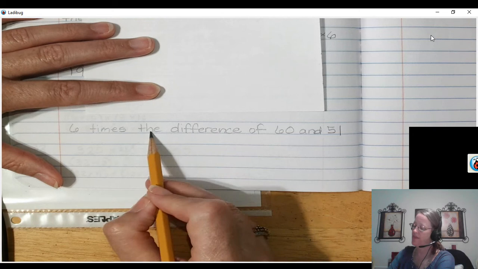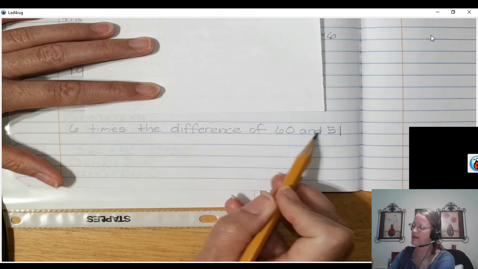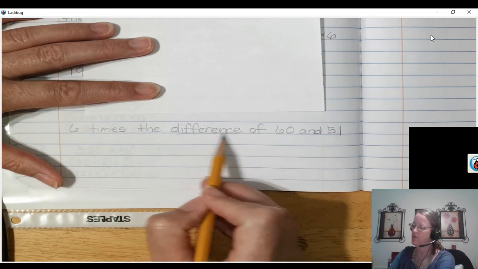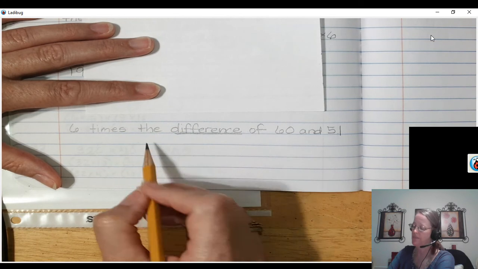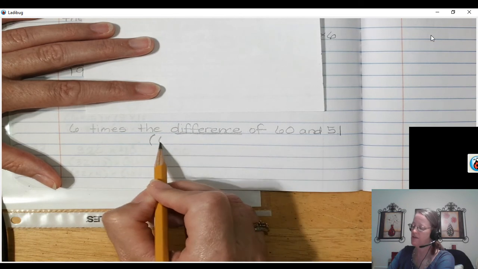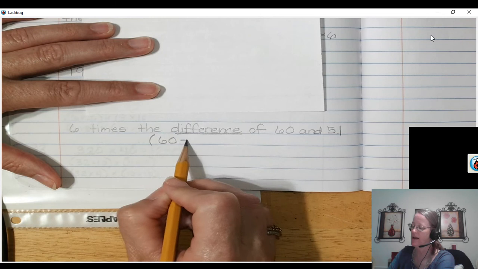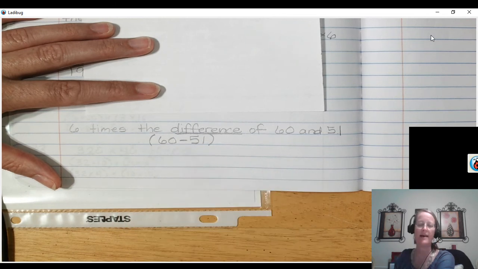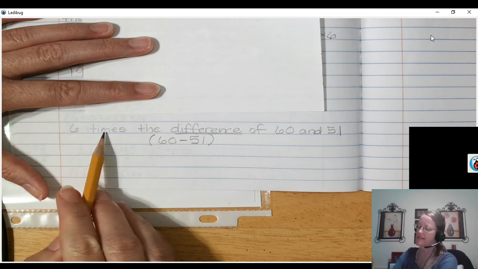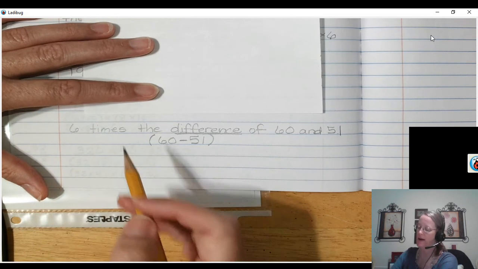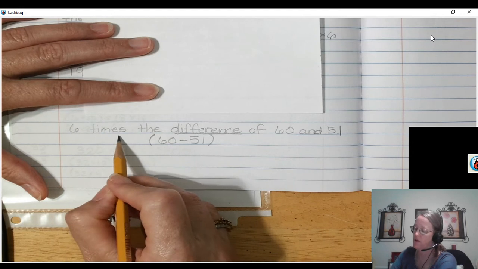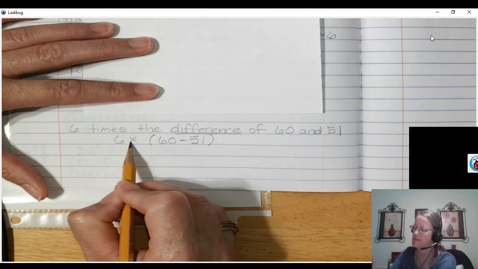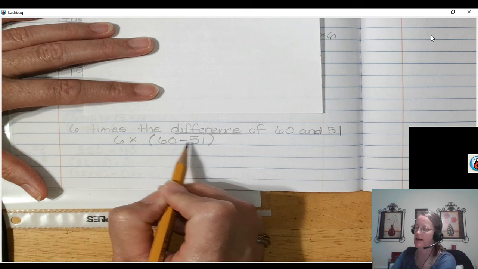So the difference of 60 and 51, I know that I'm subtracting. So the difference of 60 and 51 looks like that. And I want 6 times that amount. 6 times, parentheses, 60 minus 51.